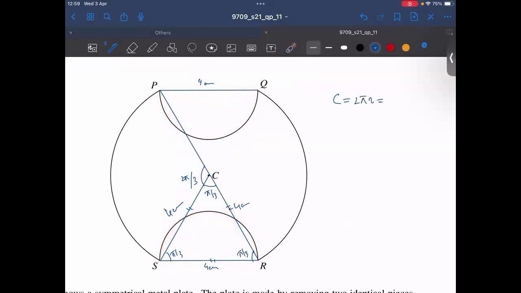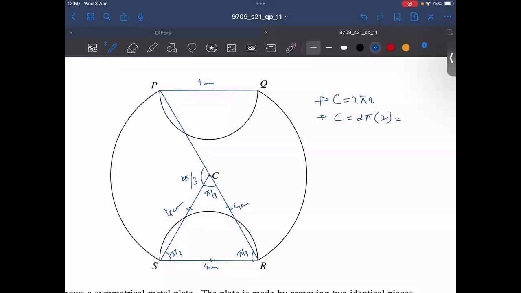That is basically the curved length. So 2 pi r means 2 pi times 2. What are you getting, Miss Iman? Because the radius of the semicircle is 2, not 4.